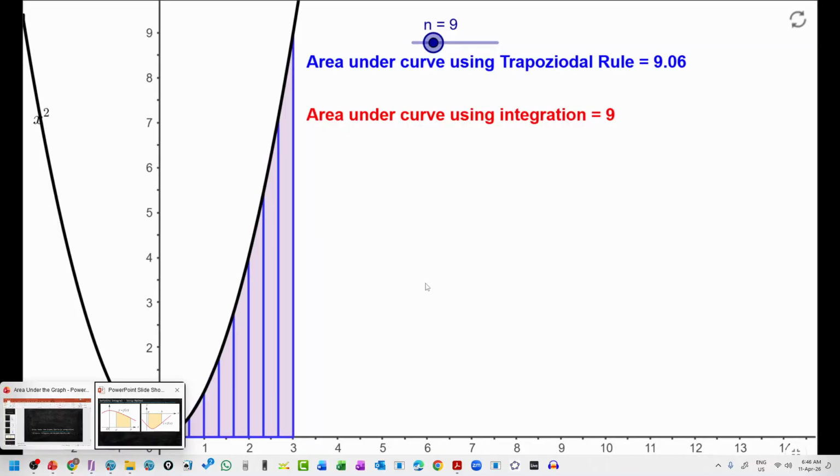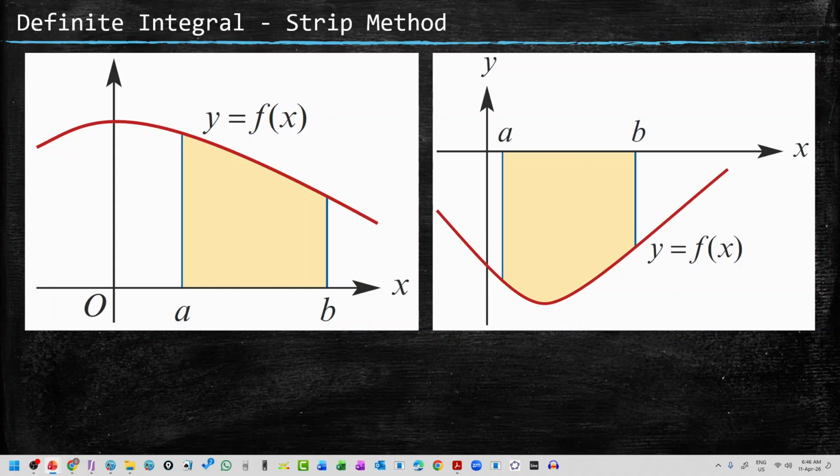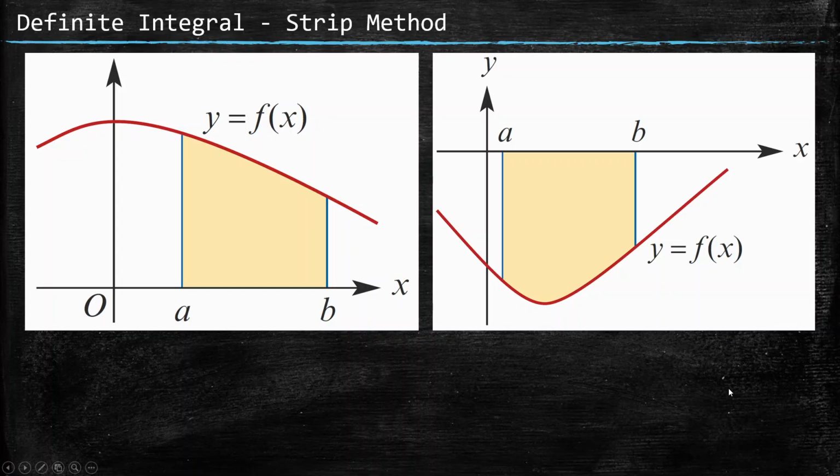Now we're going back to our slide, and here I'm going to introduce the strip method to understand the area calculation. Newton gave this method to find the area under the graphs.